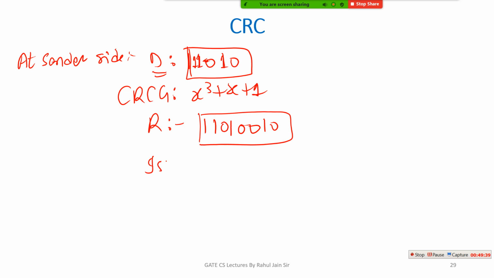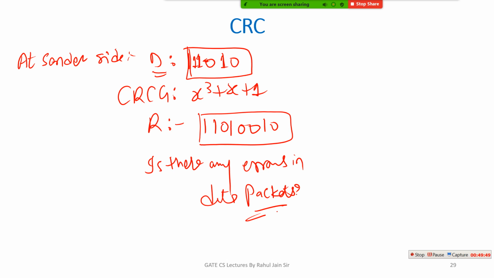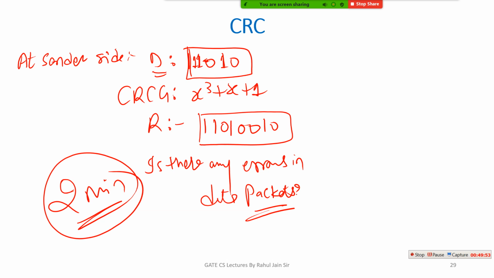Guys, answer me. I am giving you 2 minutes. I will not give more than 2 minutes for this simple question. Is there any error in this data packet, guys? Okay, Soma, I will tell you where you need to read this kind of thing. Don't worry, but before that, please solve this question. It's 1:10 p.m., and at 1:12 p.m. I will solve this question.